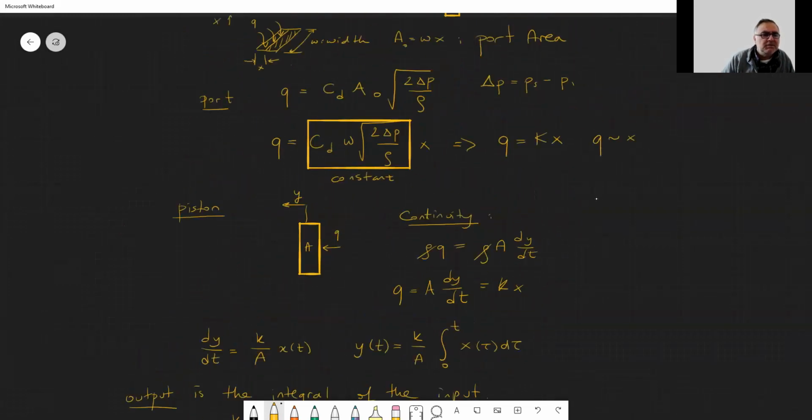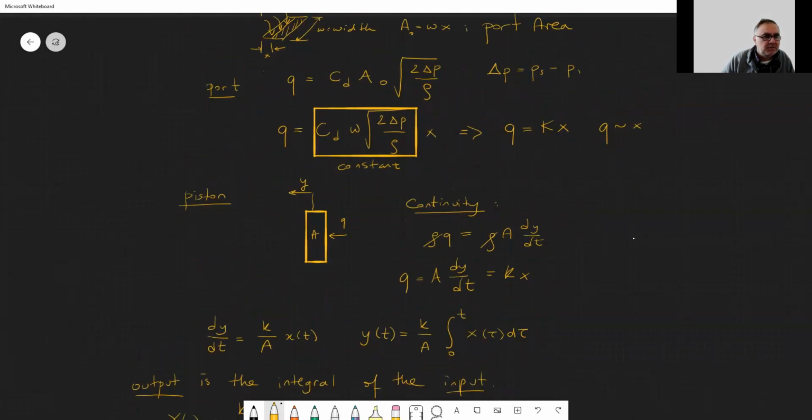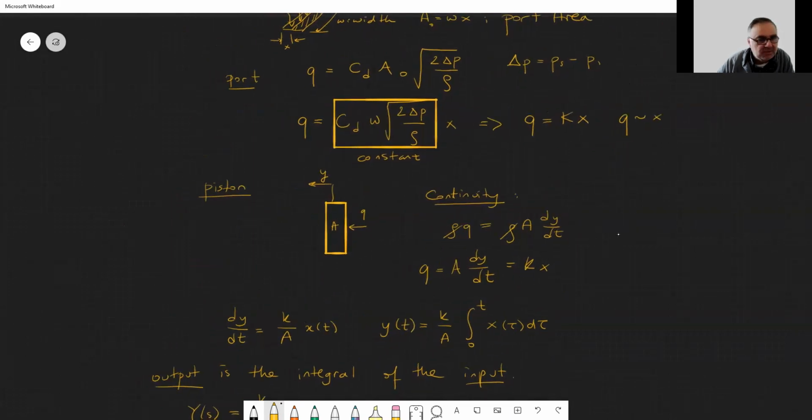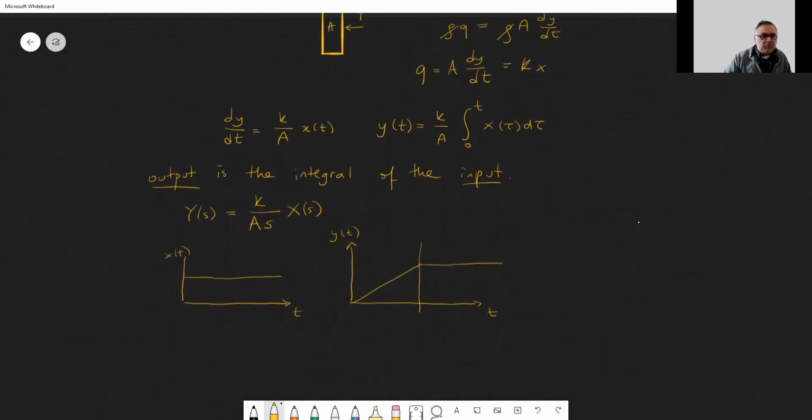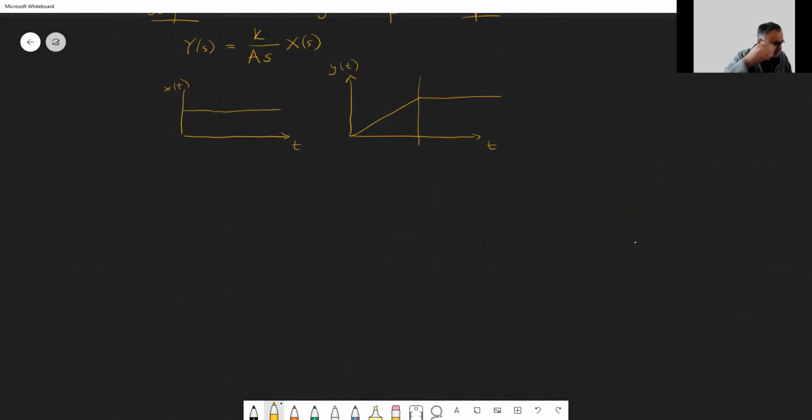But this model is a simplified model. Why is it simple? Because it just uses the continuity, but it doesn't consider the effect of forces at all.